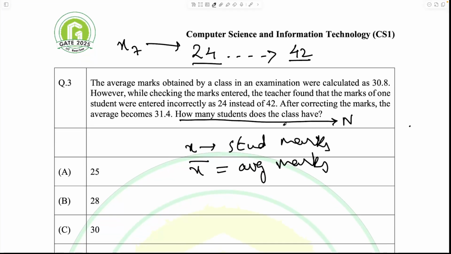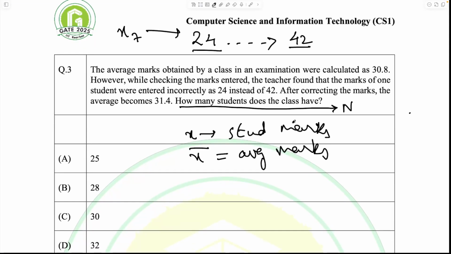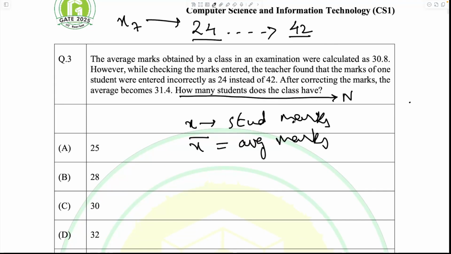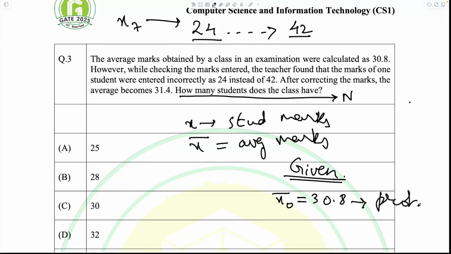So let's take the information that is given to us and analyze from there. The given part is that the earlier mean was 30.8, and that this mean was found to be problematic because one data point was 24 instead of 42.